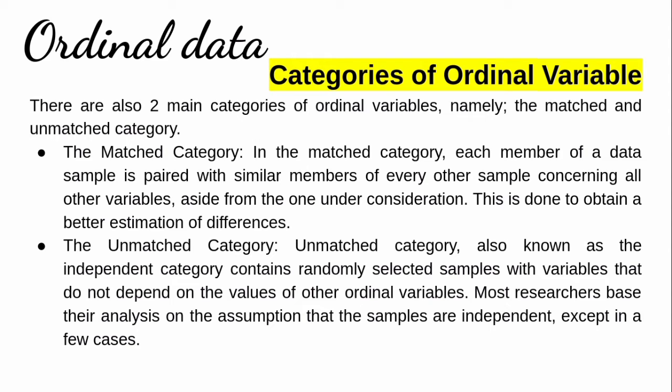The unmatched category, also known as the independent category, contains randomly selected samples with variables that do not depend on the values of other ordinal variables. Most researchers base their analysis on the assumption that the samples are independent, except for a few cases.